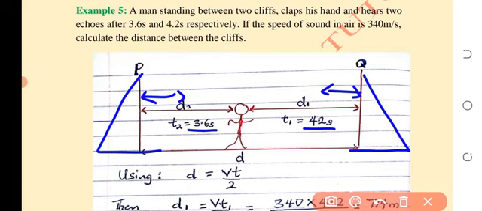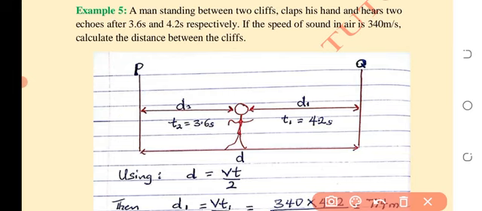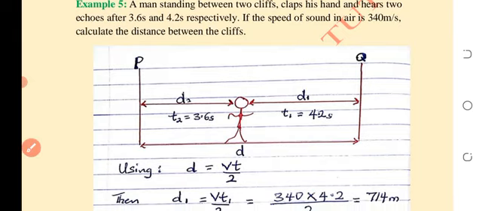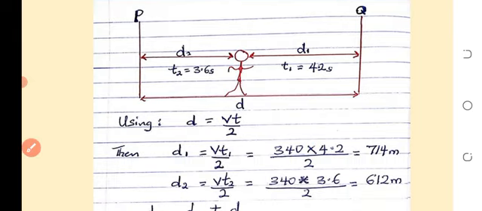Let's consider the distance between the man and cliff Q as D1. Using the equation we've been using, D equals Vt over 2, D1 will be equal to V T1 over 2.